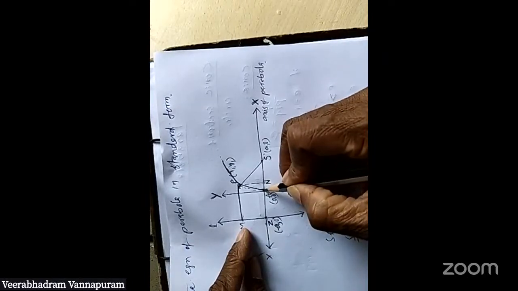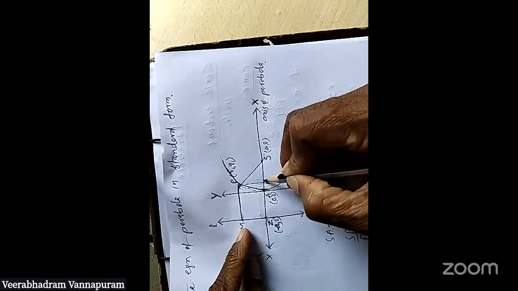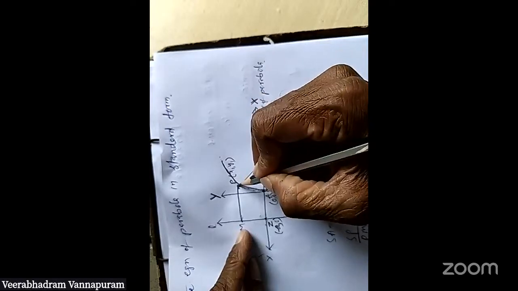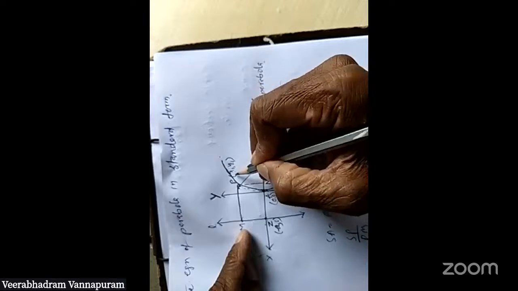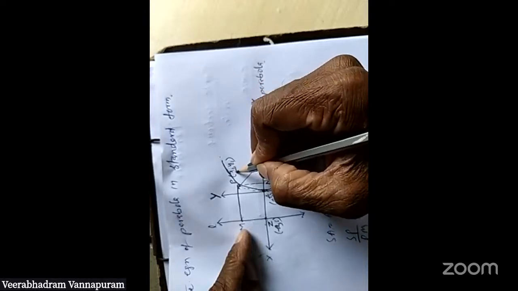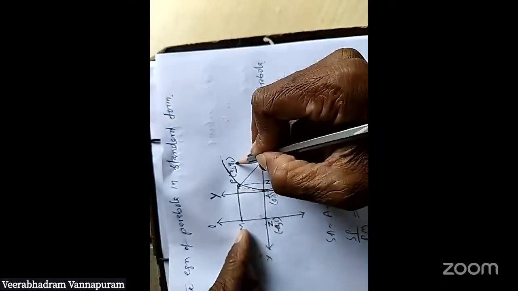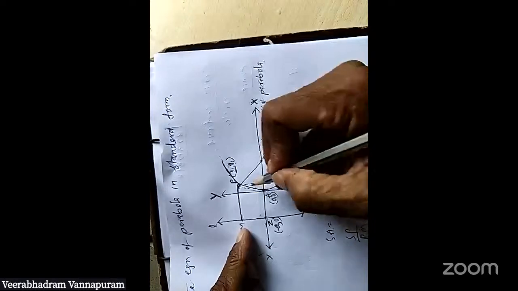Can you guess? What is the length AN? From the point P (x1, y1), x1 denotes the distance of the point from the y-axis, and y1 denotes the distance of the point from the x-axis.